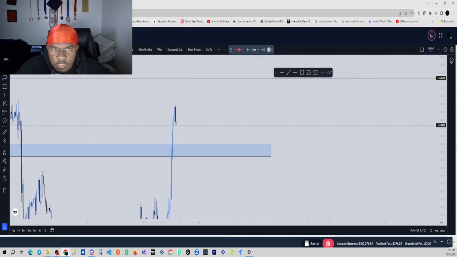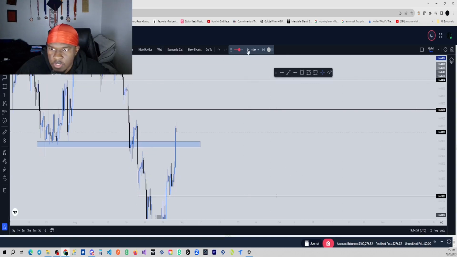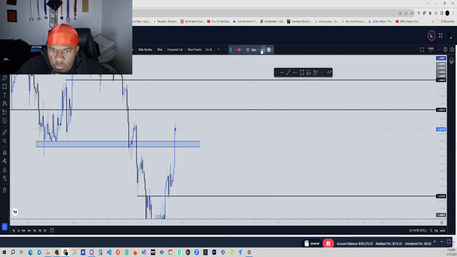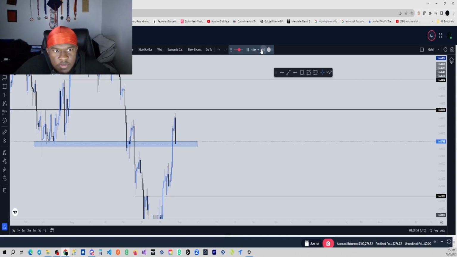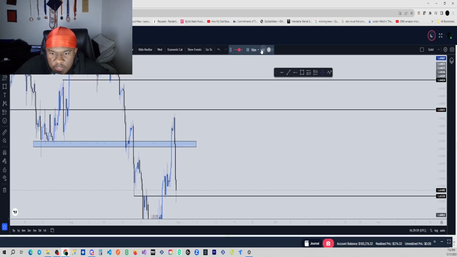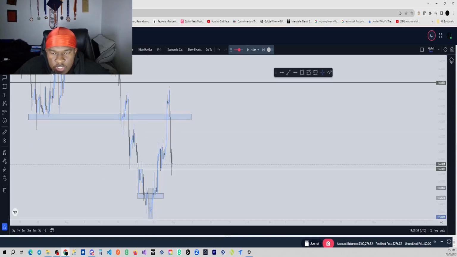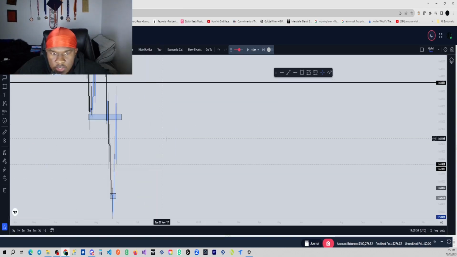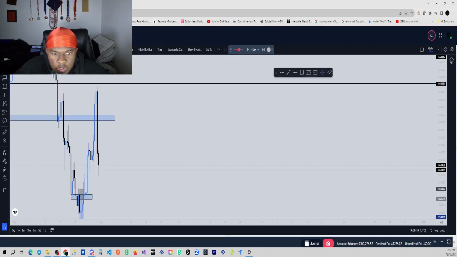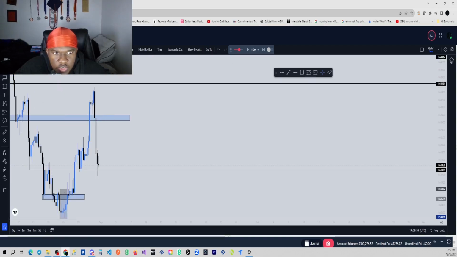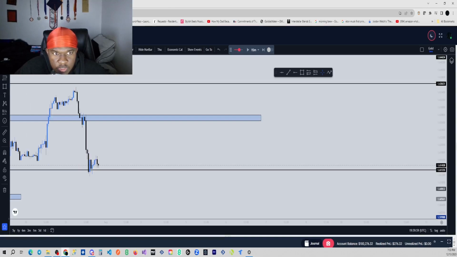All right, let's continue to play this out and see where we are. Still waiting for price to create some kind of structure. All right, we've retested this zone again. Go to daily, let's take a look. I'm definitely still bullish.